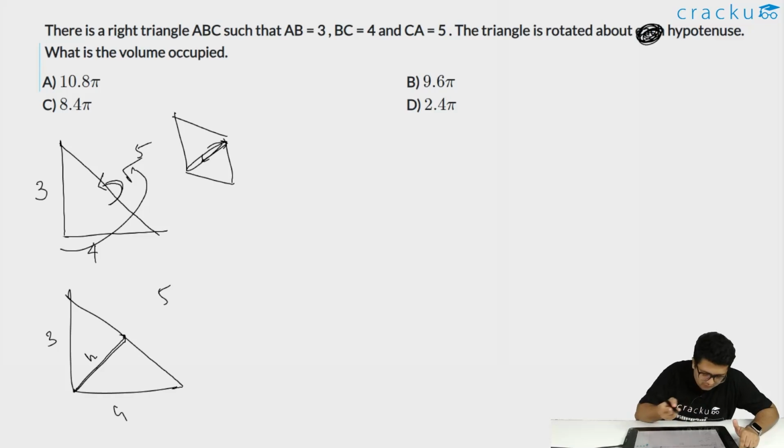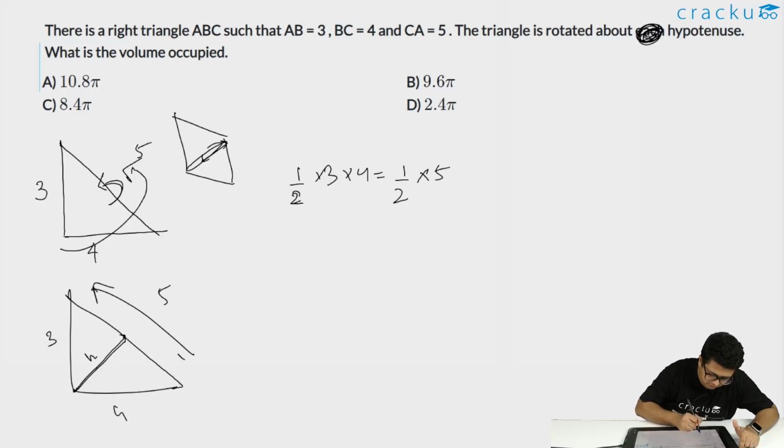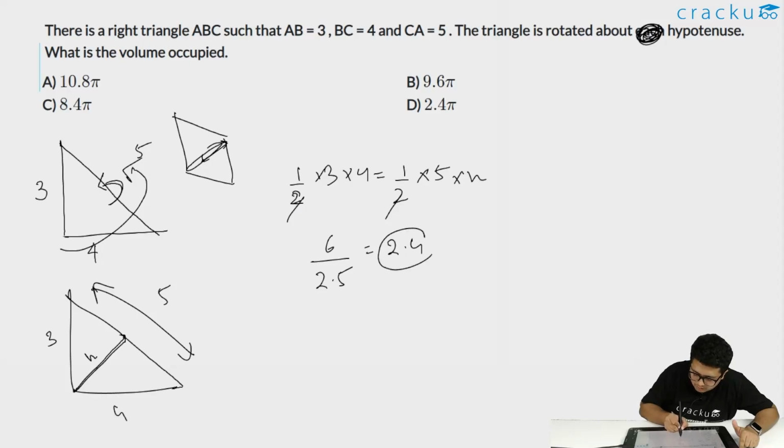To calculate h, we can use the area formula: 1 by 2 into 3 into 4 is equal to half into base, which we are taking as the hypotenuse, into height. So we get the height as 6 by 2.5, which is equal to 2.4.